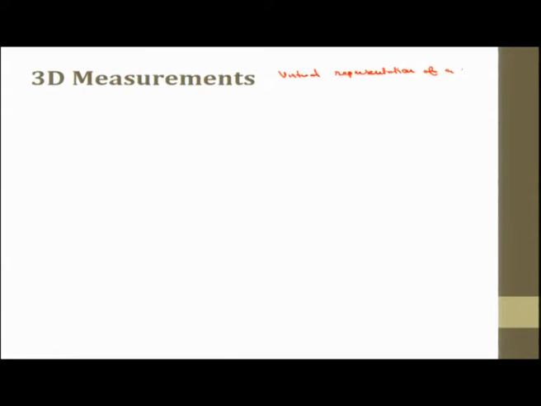Now, 3D scanners are optical devices used to create 3D measurements or 3D scans. If I say 3D scanners, the outputs are known as 3D scans. The 3D scan is the output.